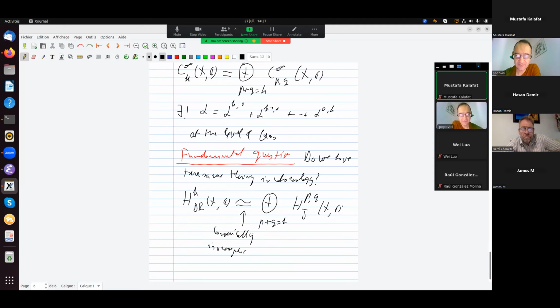And do we have this for every k from 0, 1 up to the real dimension 2n of the manifold? So this is the fundamental question that we start off with.